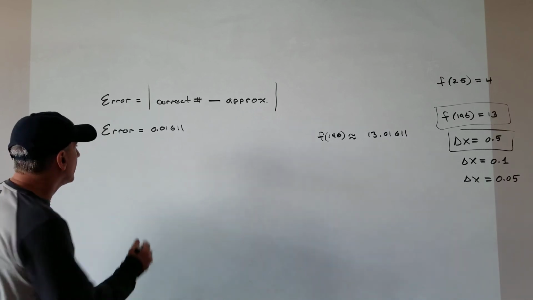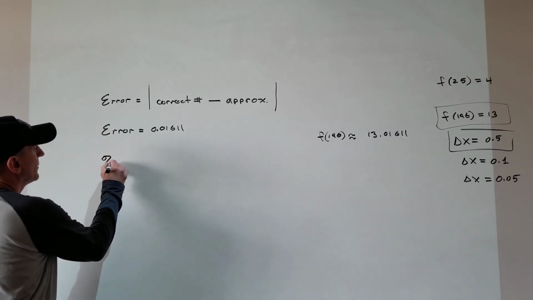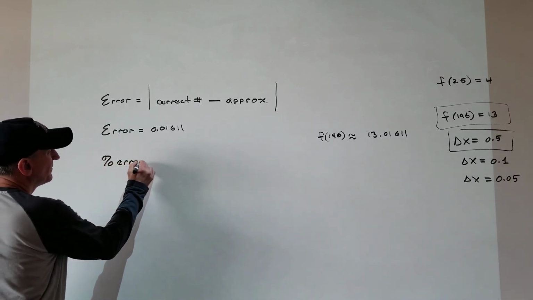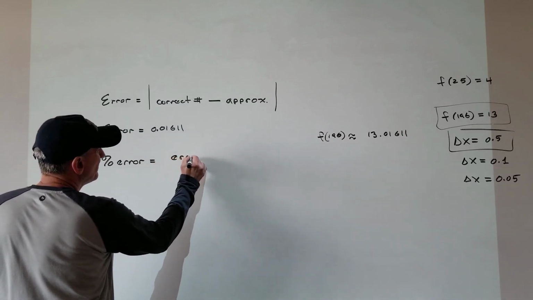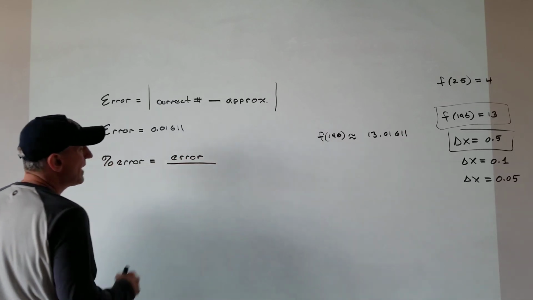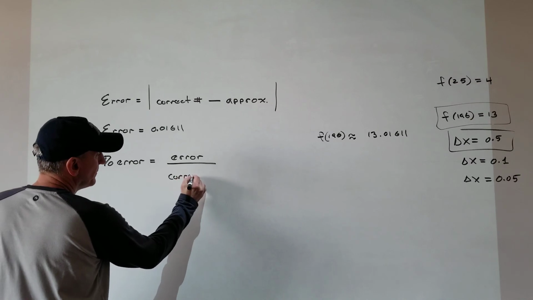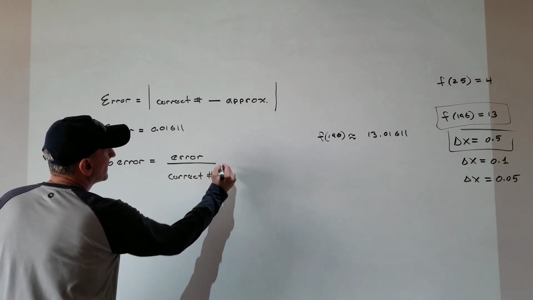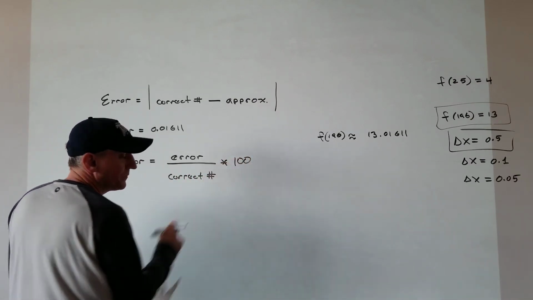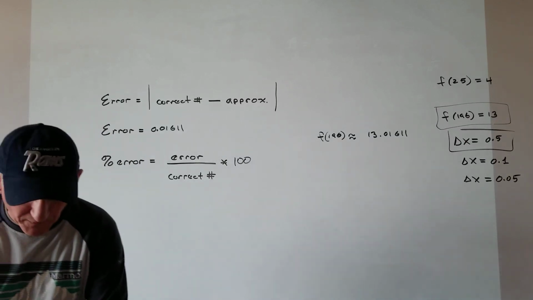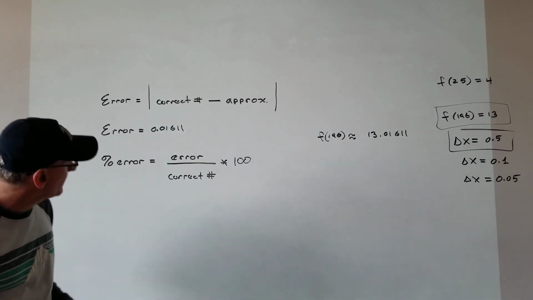It's called percent error, and it looks like this. Percent error is given by error divided by the correct number, if you happen to know it, multiplied by 100. And when you do that, you'll get an answer that is a percent. So let's do that.